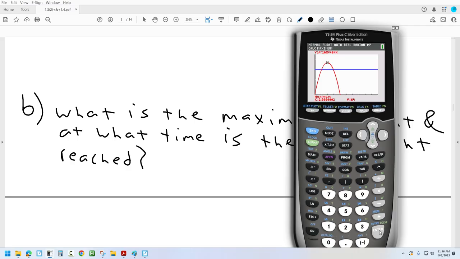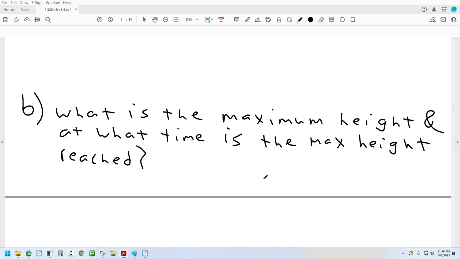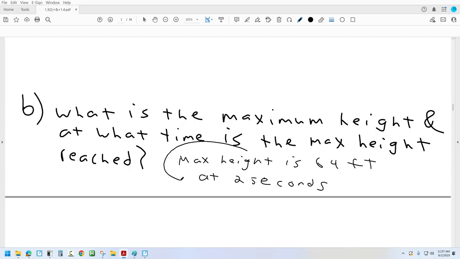It's at 2 seconds. And then what is the maximum height the rocket reaches? 64. Yep. So we're going to be able to interpret each of those numbers. So max height is 64 feet. And this happens at 2 seconds.